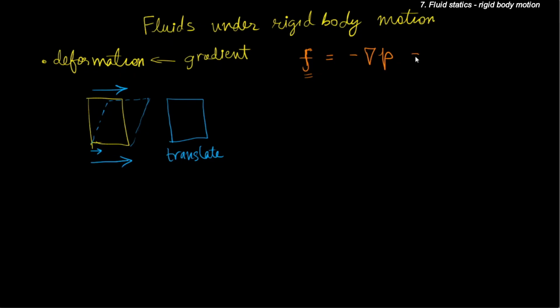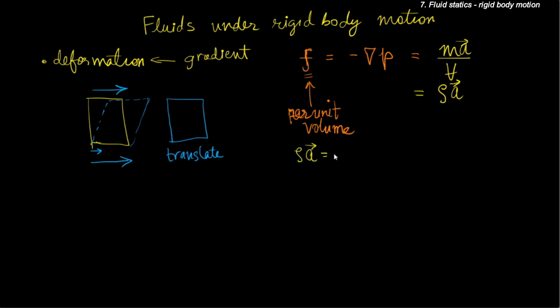So in general it could be mass times acceleration, but we recall that this force is per unit volume. This force was evaluated on a per unit volume basis, so it will be mass times acceleration of that element per unit volume, and so it would simply boil down to rho times A. So we have rho A is equal to minus grad P.